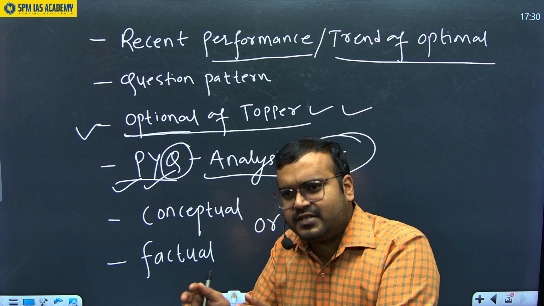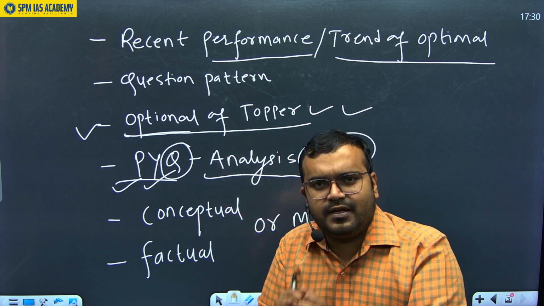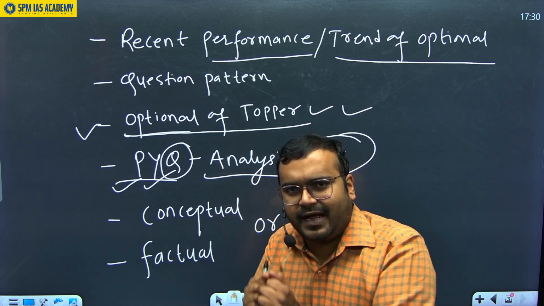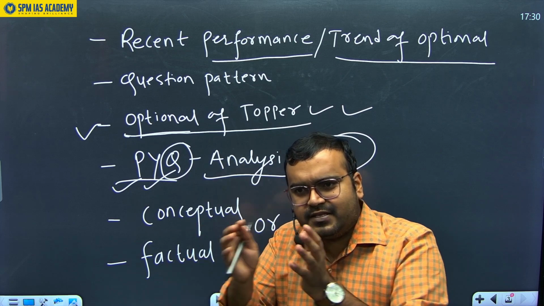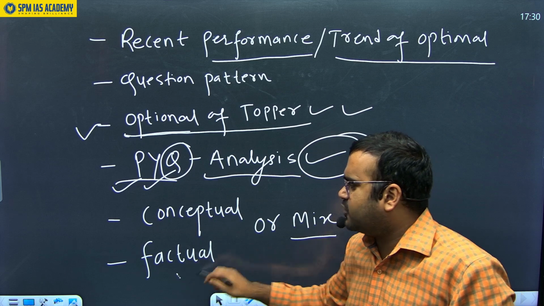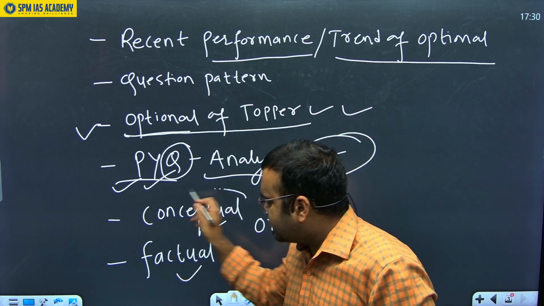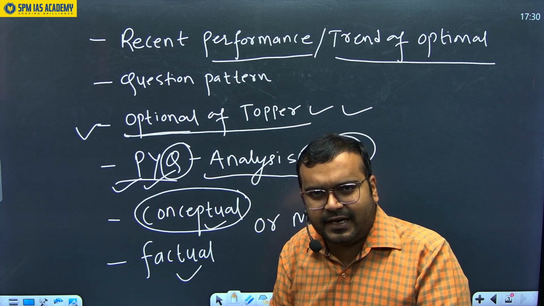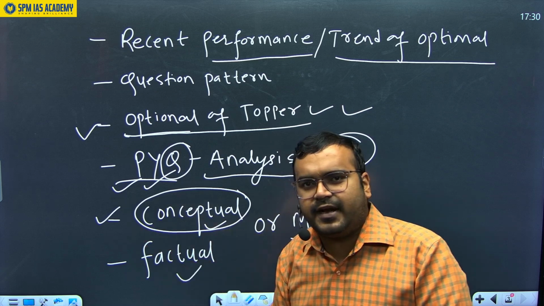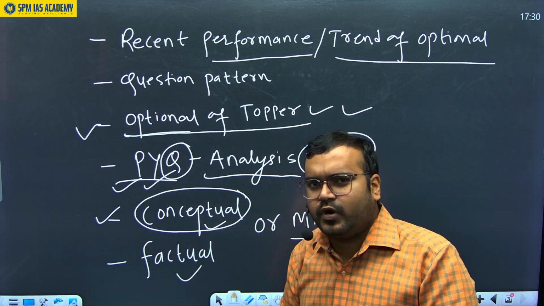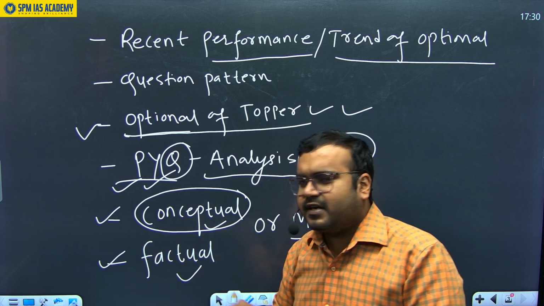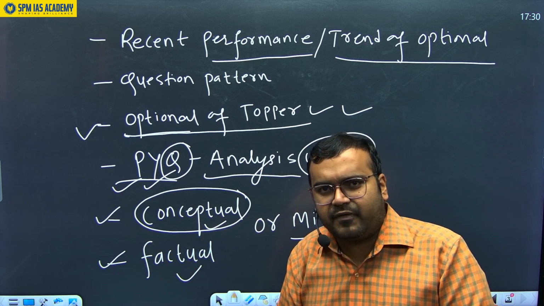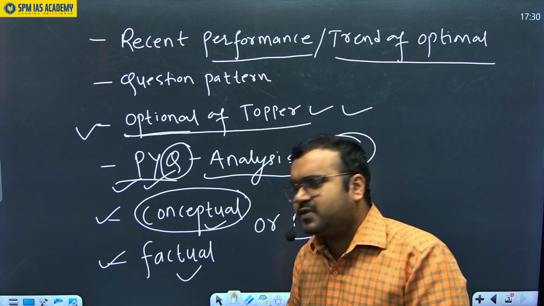If there are questions on, let's suppose, thinkers, scholars, am I able to understand that or not? If the optional is conceptual, or for that matter factual, if it is conceptual and you're good with your conceptual things, then that optional you can relate to very much. Then there are students who find that certain optionals are factual, I'm good with the facts, I'm going to go with this particular optional.